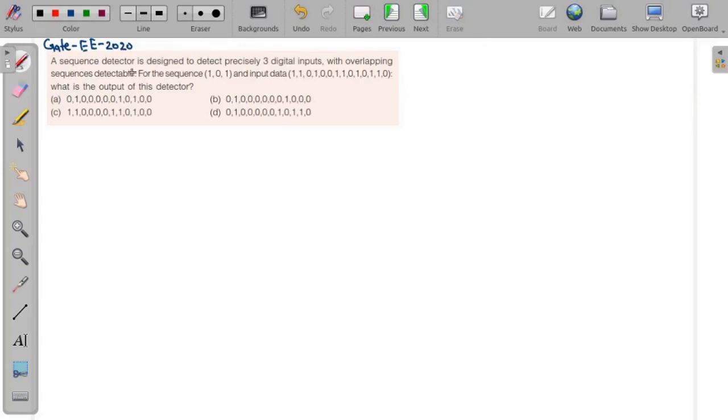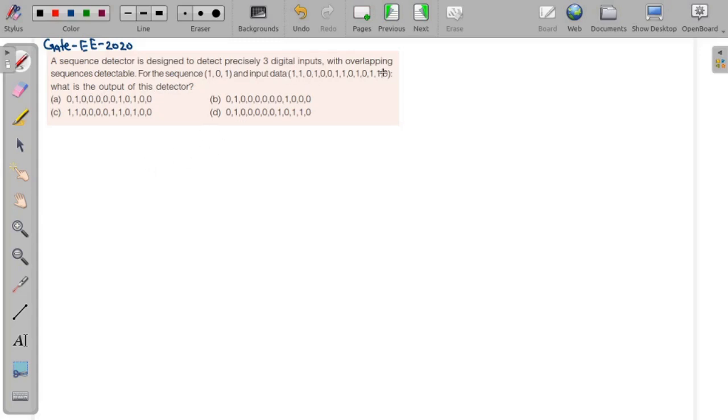The next question has been asked to double E. Here they have given that a sequence detector is designed to detect precisely 3 digital inputs, with overlapping sequences detectable, for the sequence 101. For the input data given, what is the output of this detector?